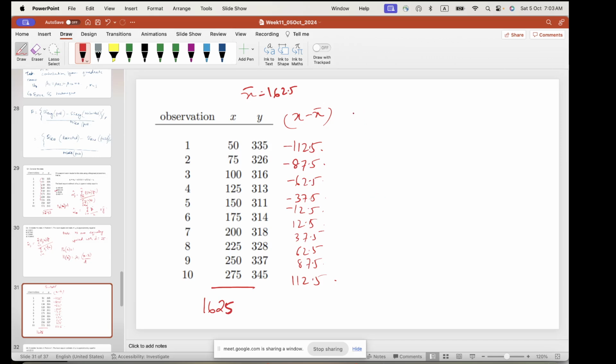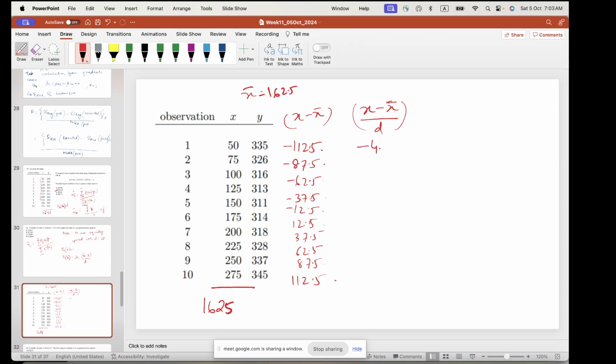Okay. So x minus x bar by d is how much? That is 112.5 divided by 25.